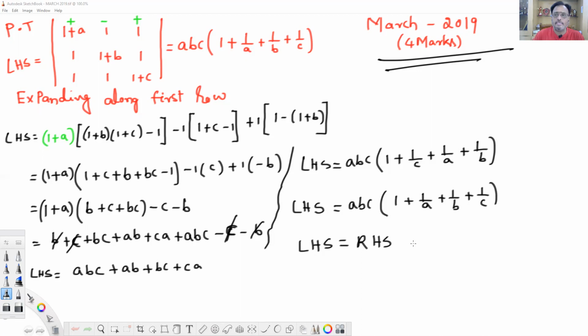The question is like this: prove that the determinant with rows 1 plus a, 1, 1; 1, 1 plus b, 1; 1, 1, 1 plus c is equal to ABC into 1 plus 1 by a plus 1 by b plus 1 by c.